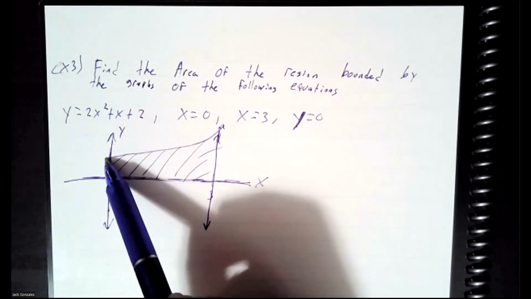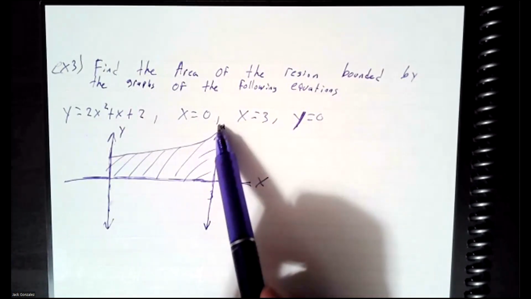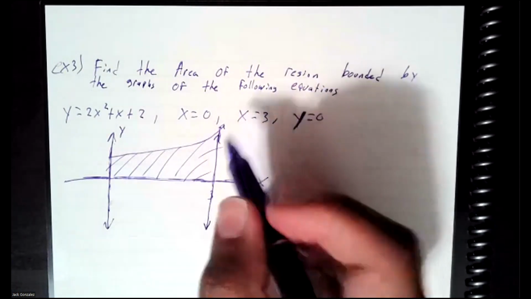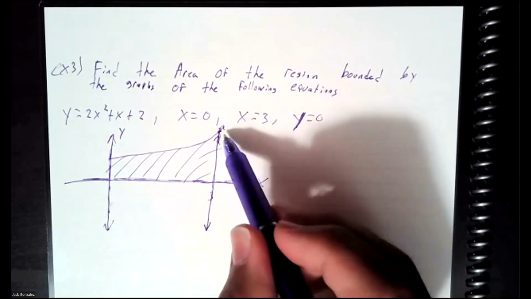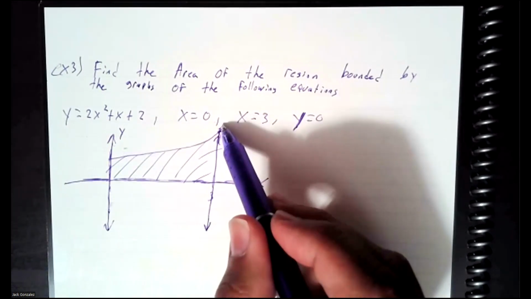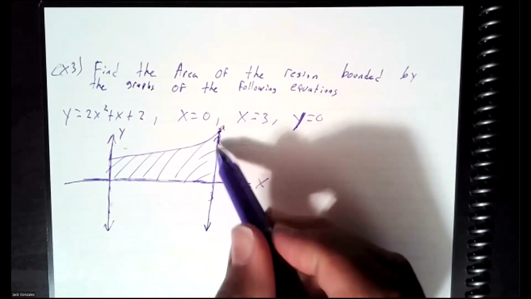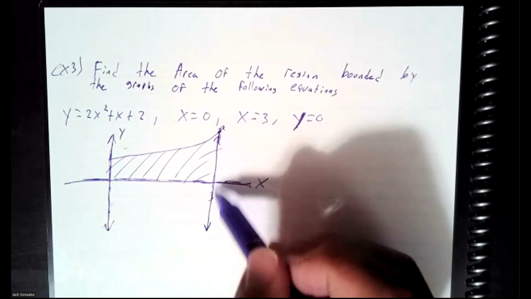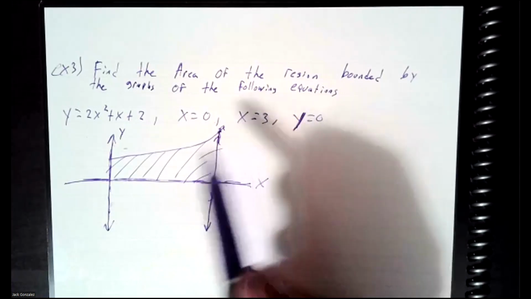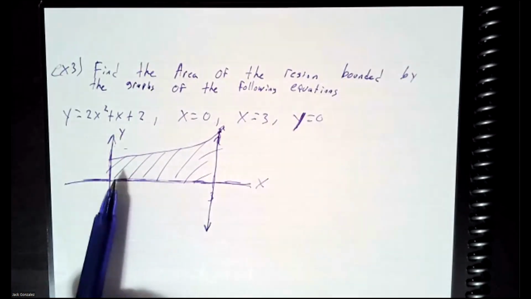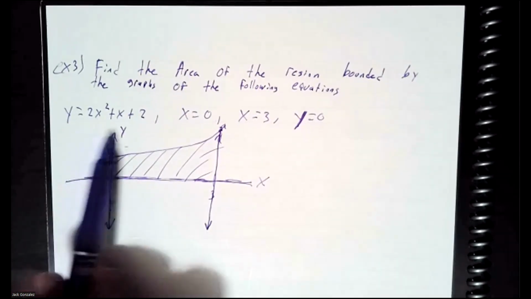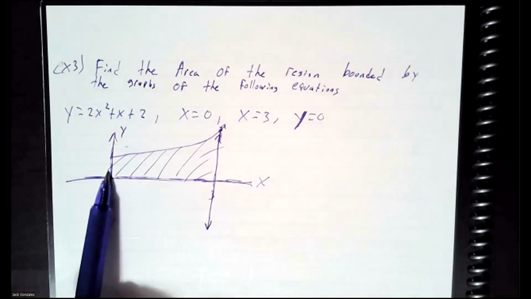Graph the parabola. If you zoom in, the parabola is going to be over here somewhere. I don't really care what it looks like. You just need to know it's going to be closed off by this line, x equal to 3. So find the area underneath this parabola. The integral will be this from 0 to 3.